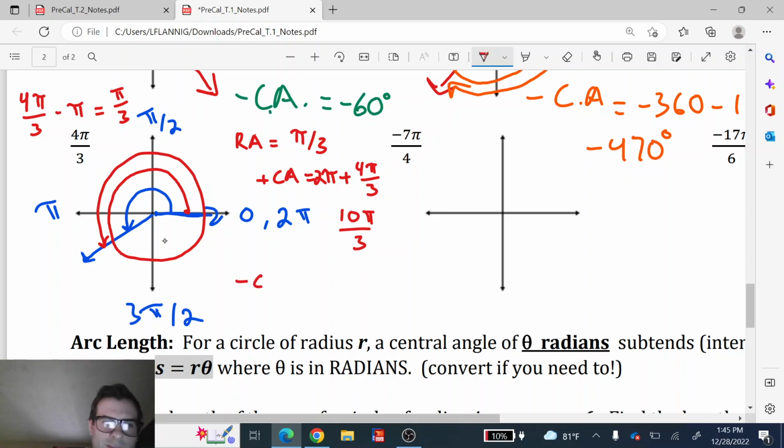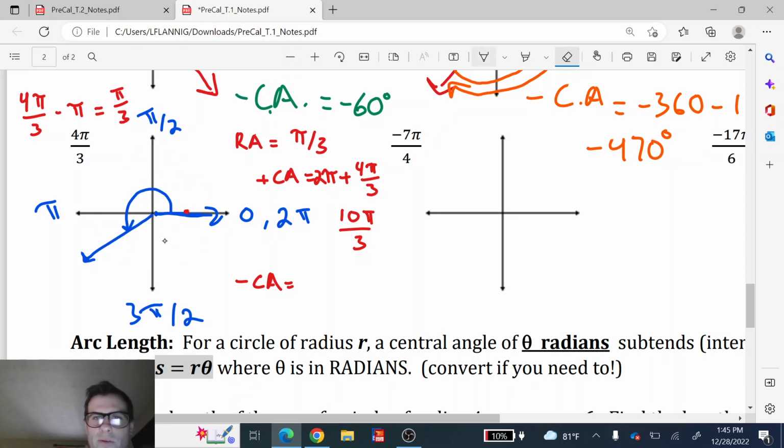And the negative coterminal angle is the opposite of that, where you start from here and then work your way till we hit it. And the way you can do that is saying, okay, I know that the whole way around is 2 pi, but we're not going the whole way around.